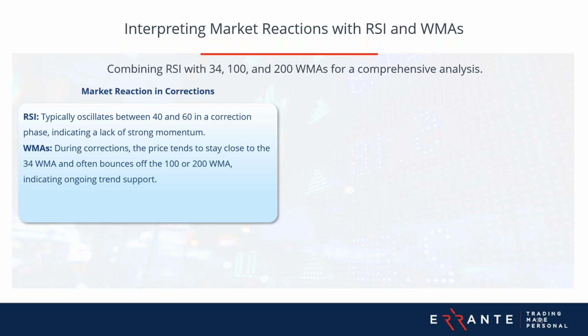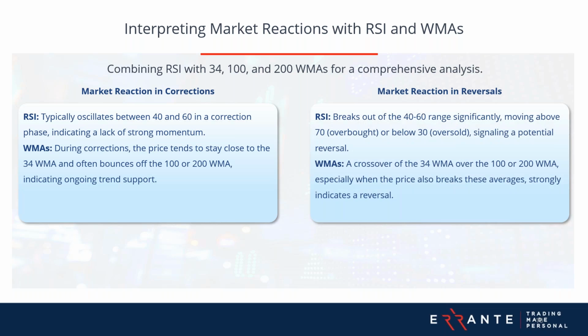Conversely, in the face of a true reversal, the RSI decisively exits its comfort zone, soaring above 70 to signal overbought conditions, or dipping below 30 to indicate oversold conditions.